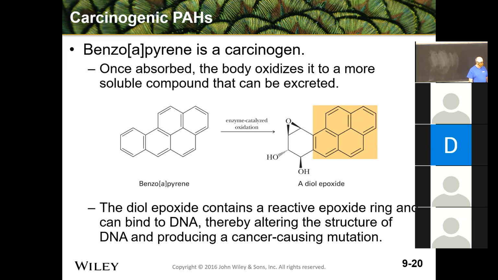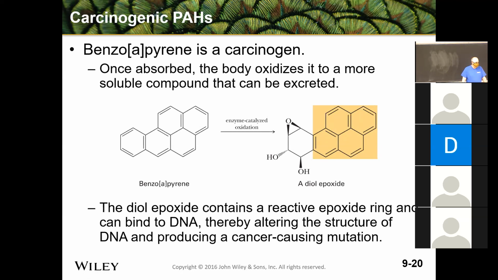These are polar groups, so you'd expect the compound now to be more soluble. This contains a reactive epoxide ring, which can bind to DNA. And this alters the structure and produces cancer-causing mutations.